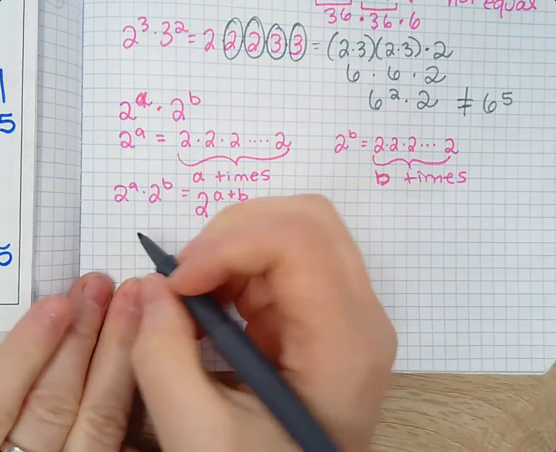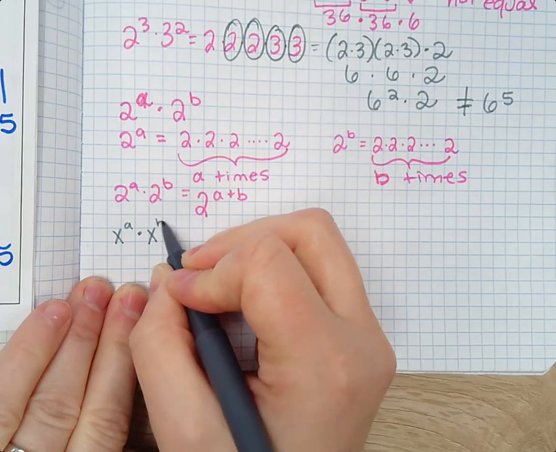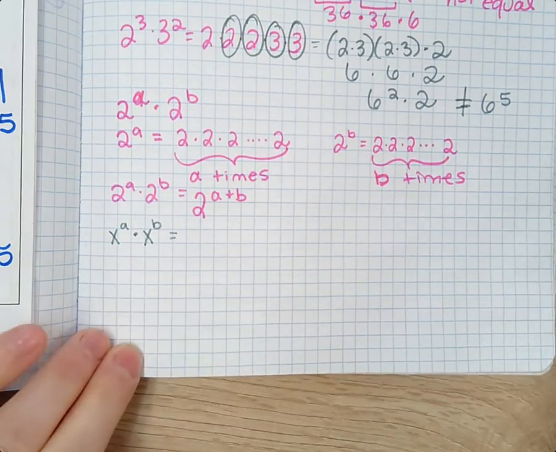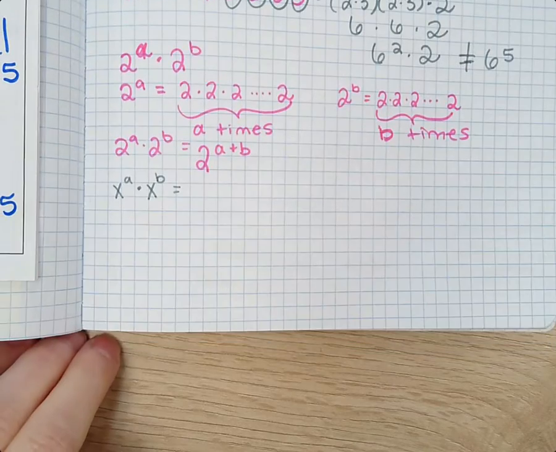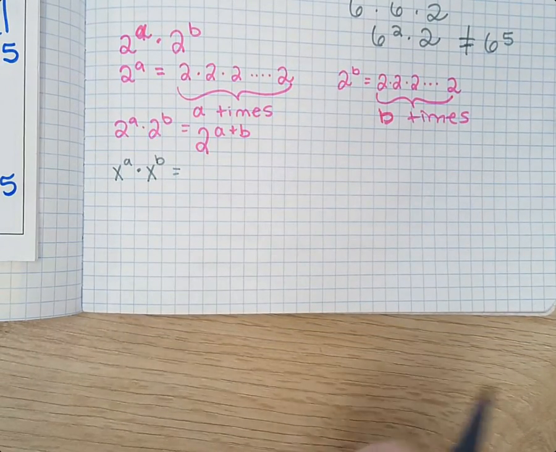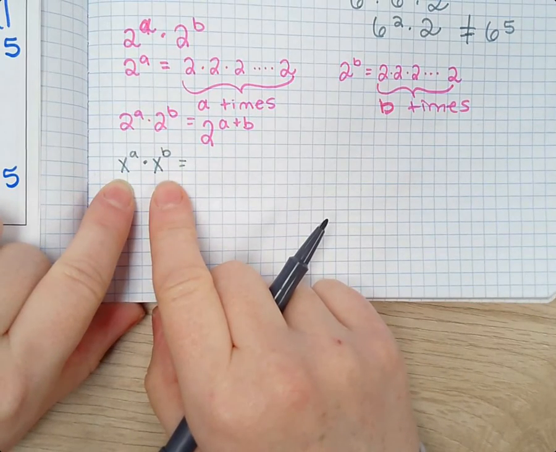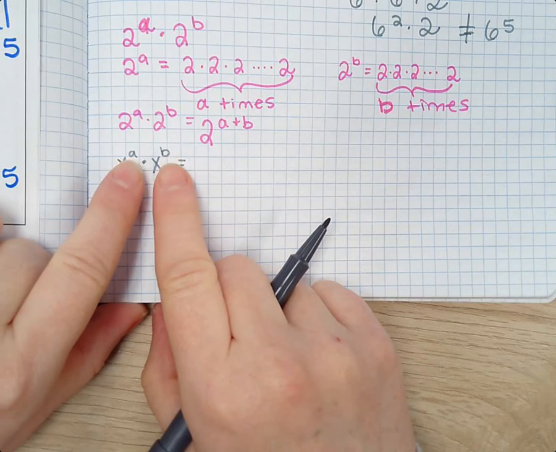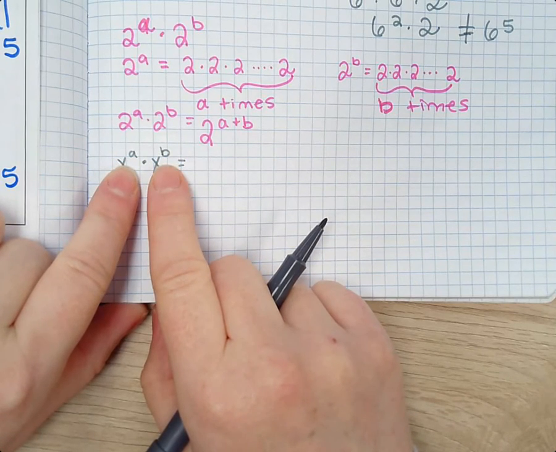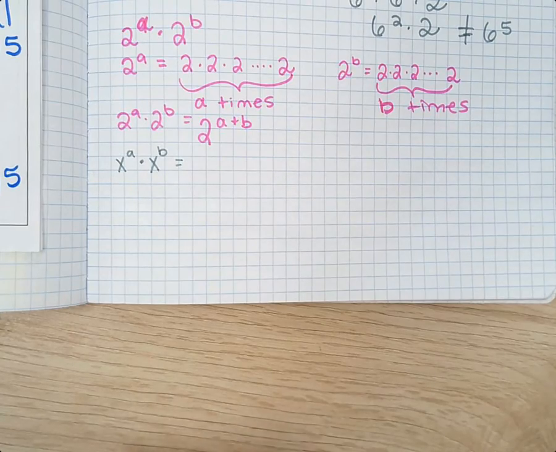All right, so then x to the a times x to the b. So I have x as my base and a and b as my exponents. All variables do, all the letters do, is replace a number.